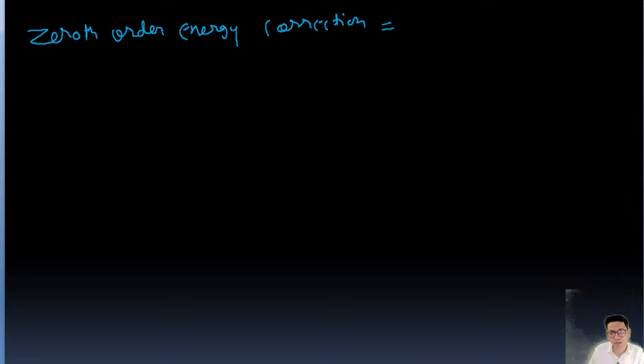That is the actual Hamiltonian before perturbation, so this is 3 E naught, 3 E naught and 5 E naught. Now we'll find the first order correction.